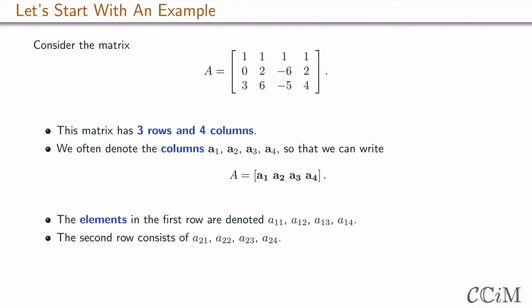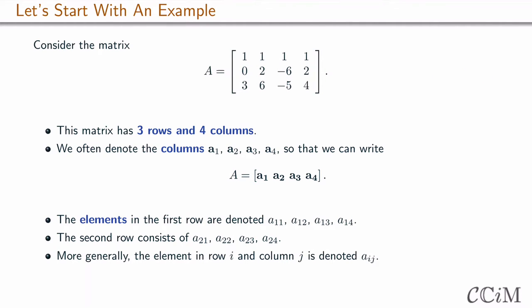So let's look at the second row. All the elements in the second row start with a 2, and then the one in the first column gets a 1. The one in the second column gets a 2, and the third column is a 3, and the fourth column is a 4. So those are these 4 elements right here.